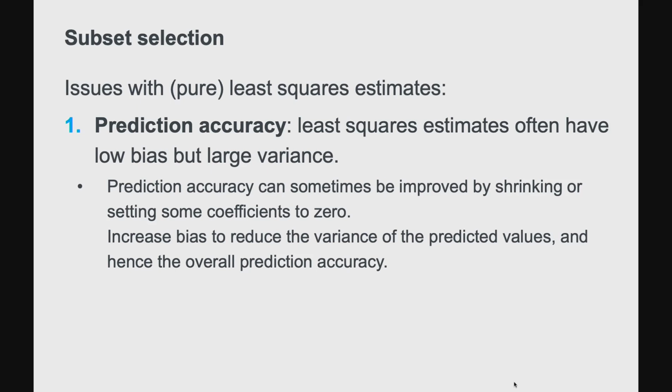This will always increase the bias in our training data set, but we do it in order to reduce the variance of the predicted values, so there will be less dependency on all of our x values. And hopefully we do this in a way such that the prediction accuracy on the test data gets better.